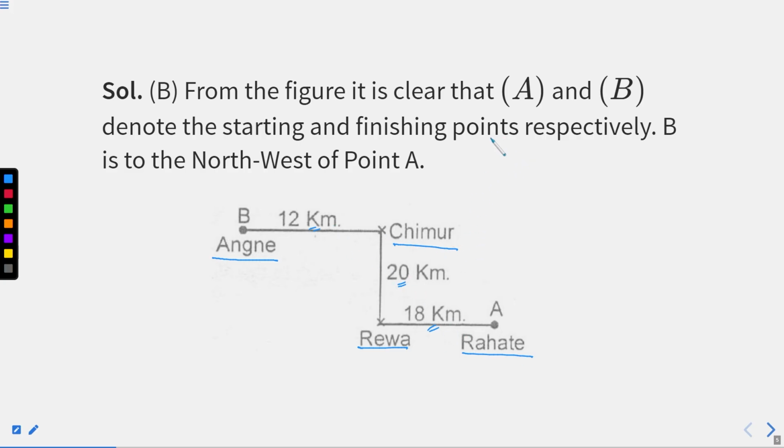What I said, if I draw a line from here to here, from point A, we know that village Angani is in this direction, and this direction is north, this direction is west. Now we can easily figure out what is our answer. That is northwest, from point A to point B. We are moving in the northwest direction.